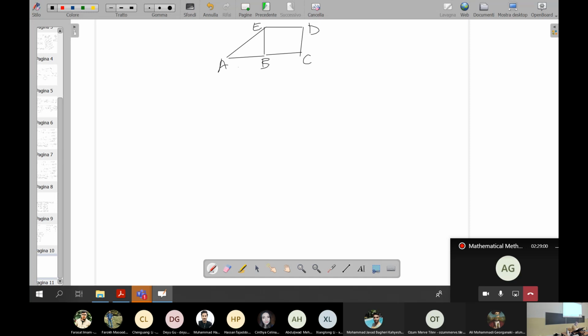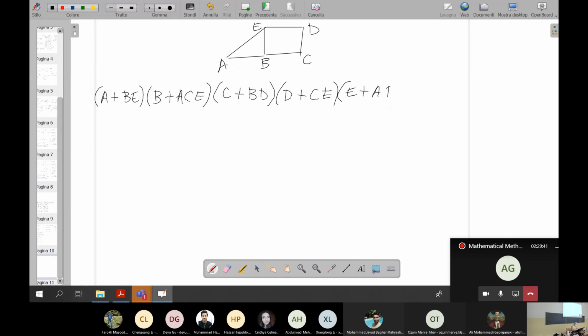I visit A, and so I take either A or B and E. Then I visit B, and either I take B or I take A, C, and E. Now I visit C, and either I take C or I take B and D. Now I visit D, and either I take D or I take both C and E. Then I visit E, and either I take E or I take A and B and D, which are its neighbors. Okay? So now I start my computations.